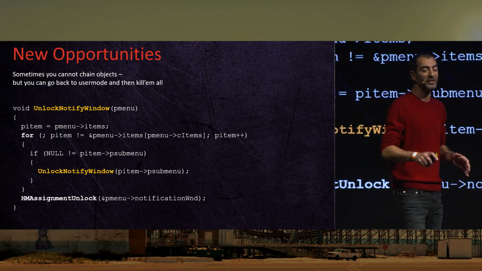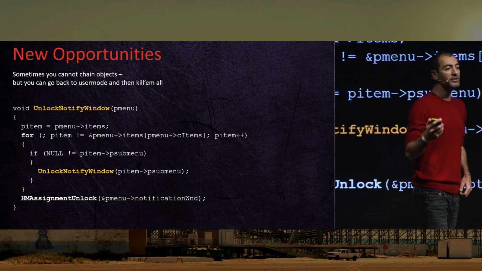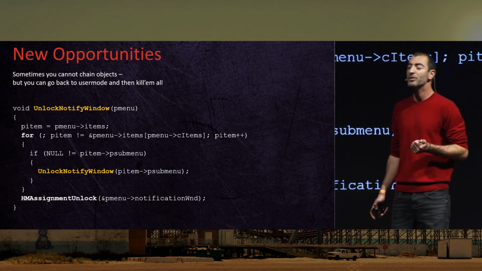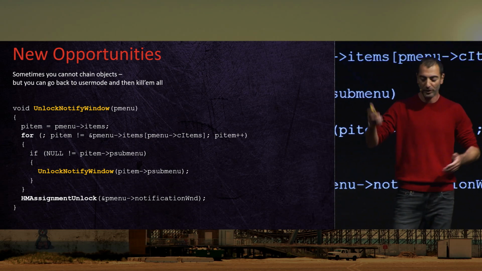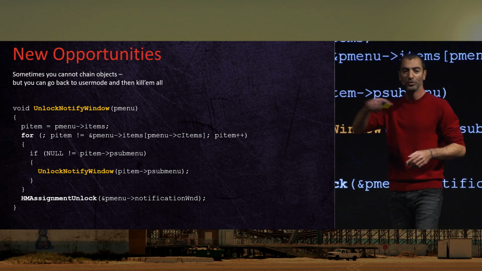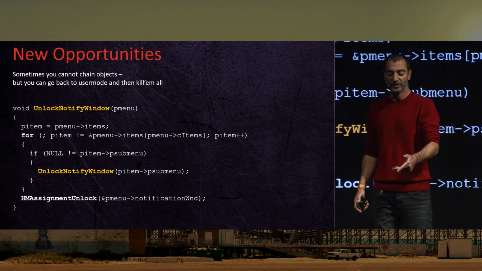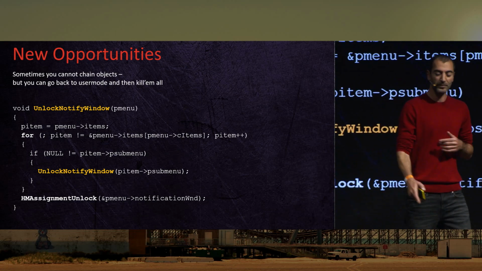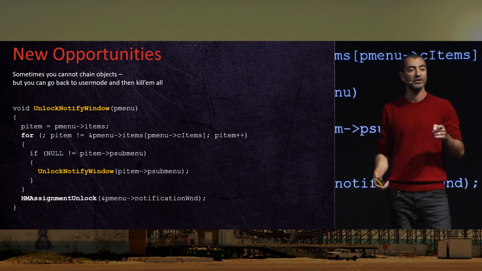This was the craziest part of the whole thing, even though it's a design flaw. I was super excited that it was so easy to exploit. And it also unlocked new opportunities. Imagine there is some unlock notify window, whatever it means. It iterates over some array, and it calls itself recursively. But the point is, you can see the unlock on the last line.